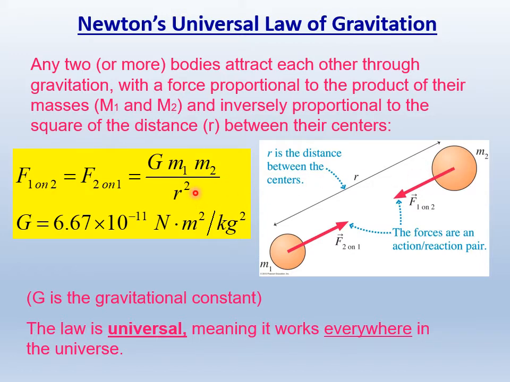Now, what this tells us is that if we make the distance between these objects greater, remember it's in the denominator, so that means the force of gravity is going to get smaller, all right? And not only does it get smaller, but it gets smaller as the square of the distance, okay? So this is called an inverse square law.